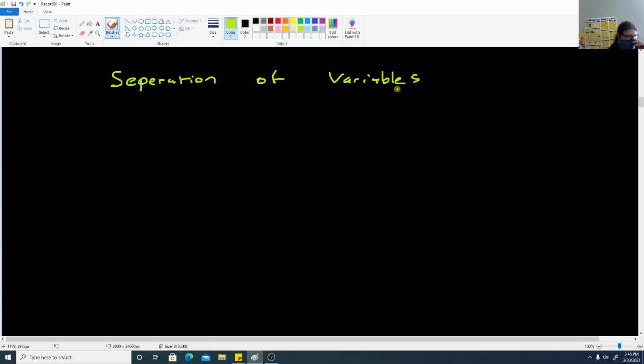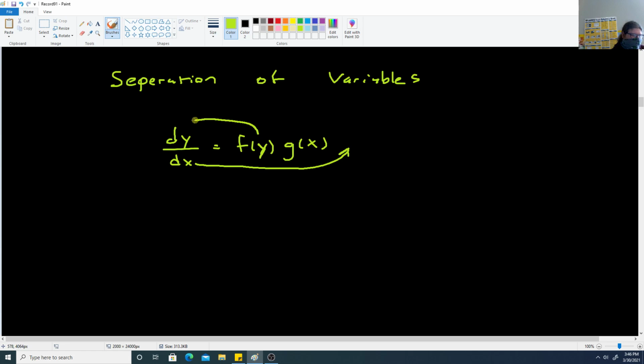Okay. So the idea of separation of variables is if you have an expression like dy/dx equals a function that depends on y times some function that depends on x. We'll say f of y, g of x. We can shuffle the dx part over, and the function of y, we can divide across.